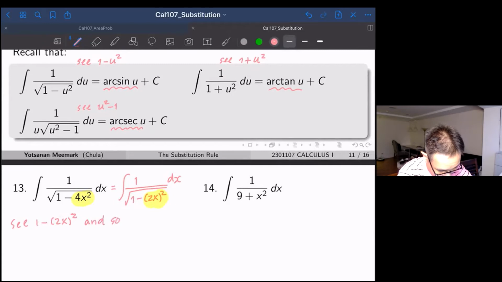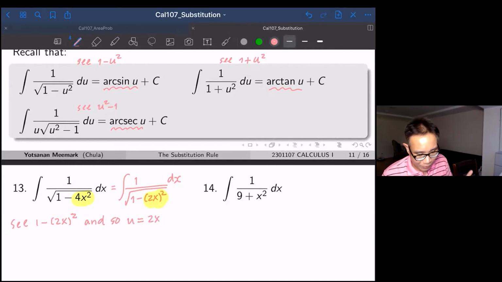So u equals 2x. You have to see the structure. Like I said, it's the structure that you must notice.